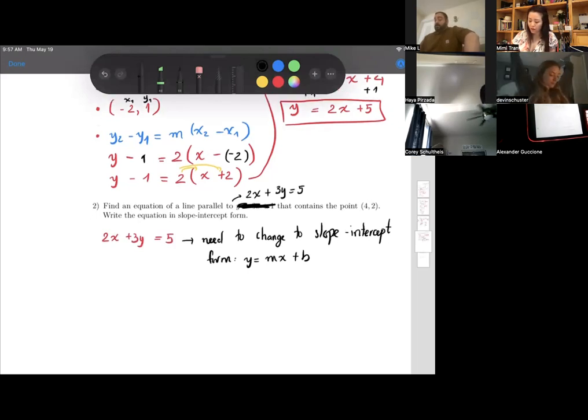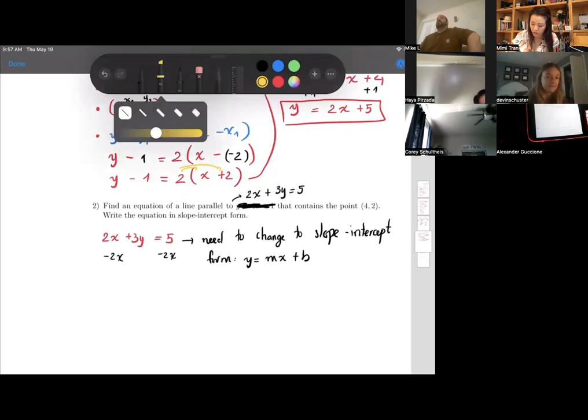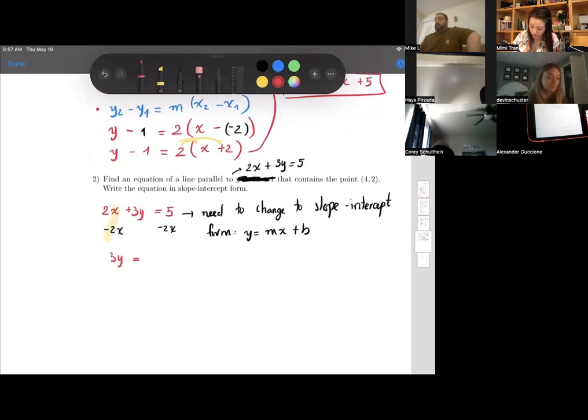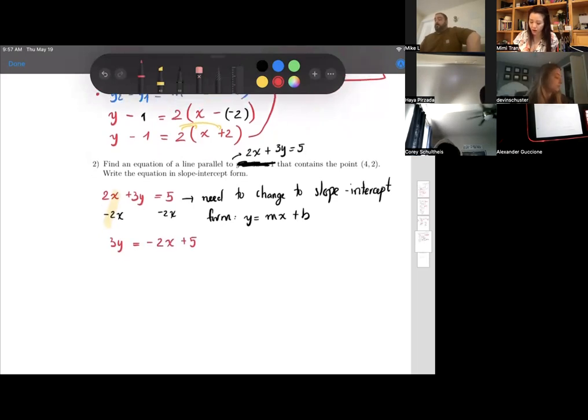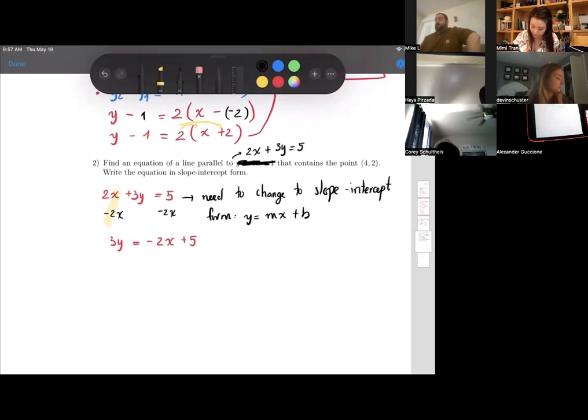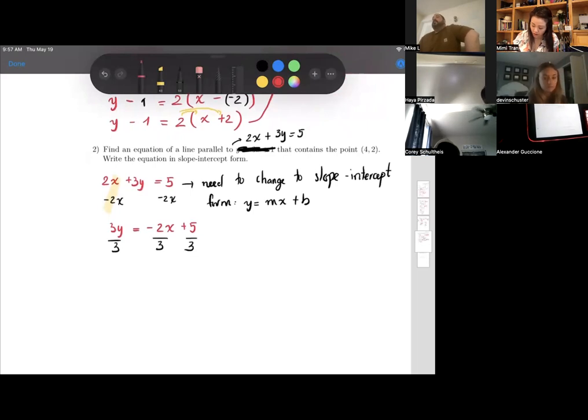So in order to do that, we subtract 2x from both sides. That's gone. So I have 3y equal negative 2x plus 5. Divide both sides by 3. So I have y equal negative 2/3 x plus 5/3.